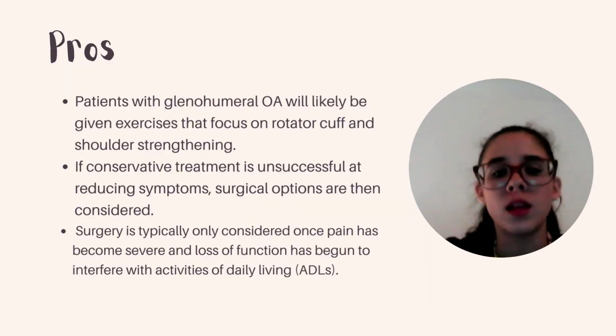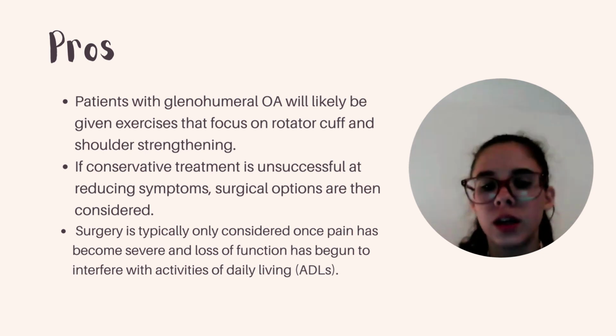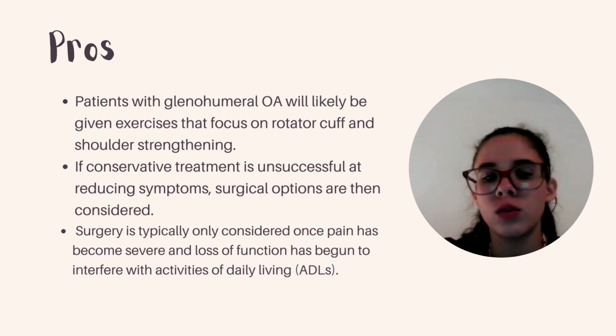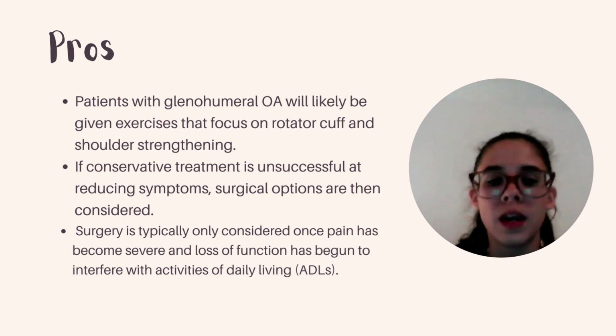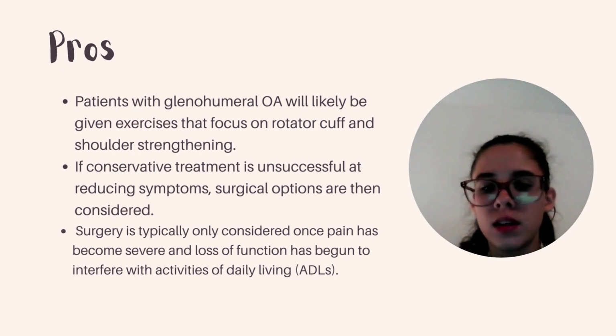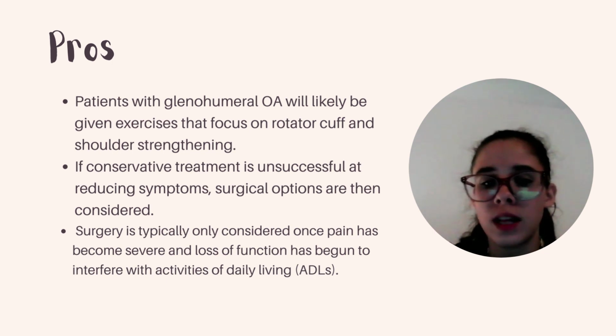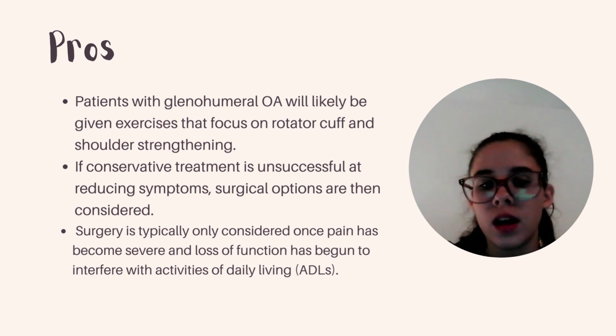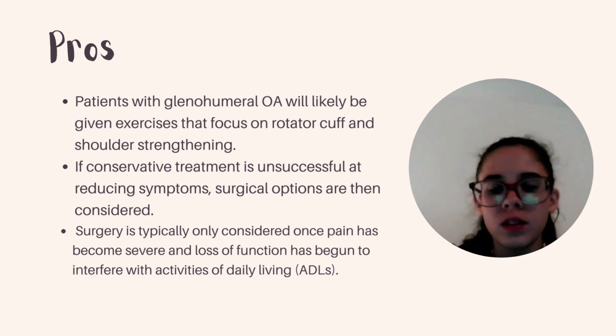And the pros are the patient with glenohumeral OA will likely be given exercise that focuses on rotator cuff and shoulder strengthening. If conservative treatment is unsuccessful, then less conservative and surgical options are considered.